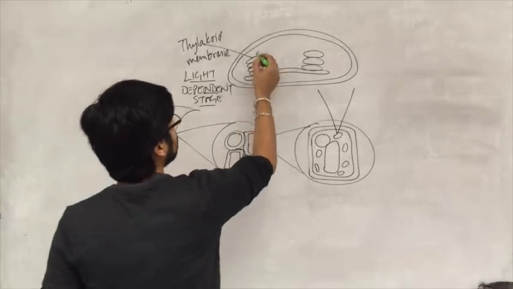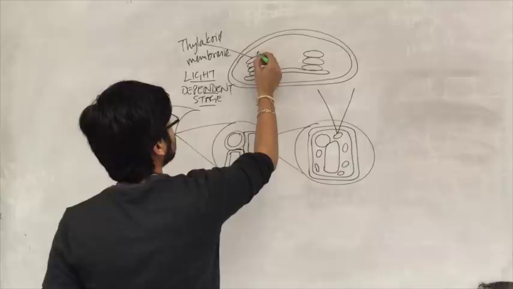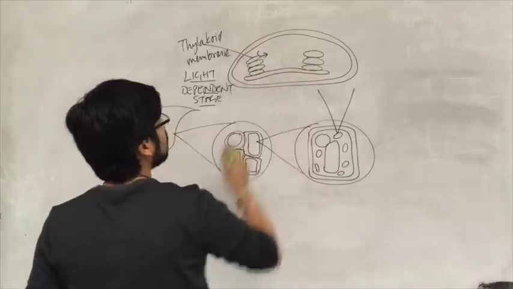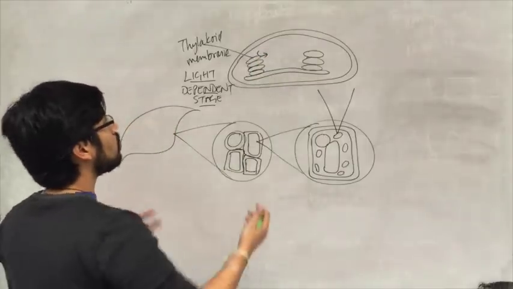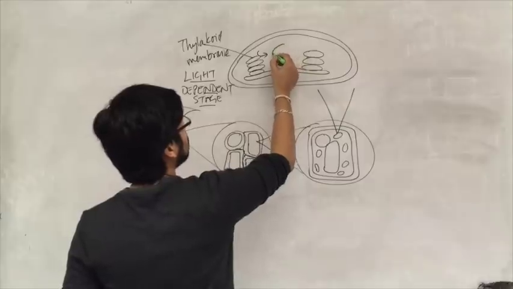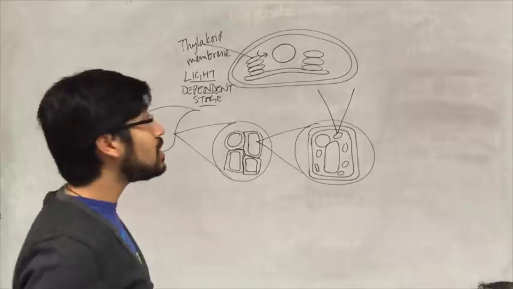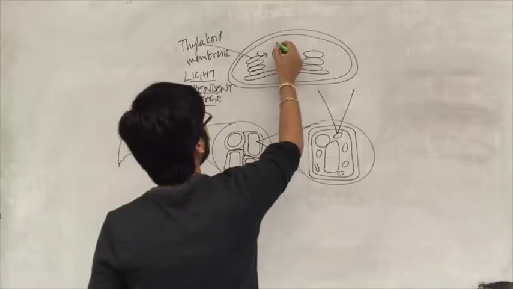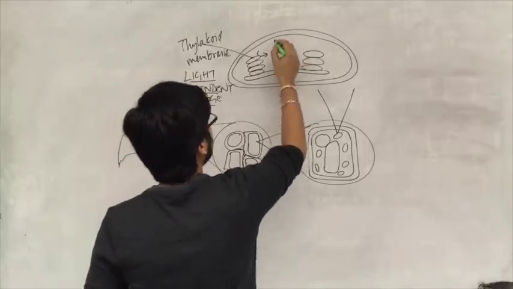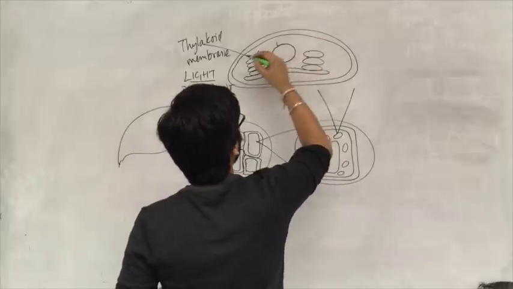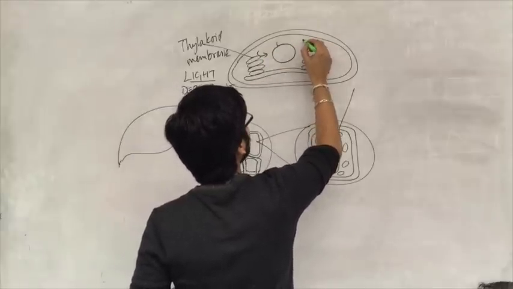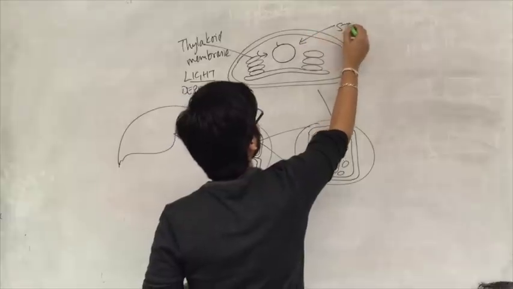membrane, and it makes some products which are then used for the Calvin cycle, or the Calvin-Benson cycle, which is the light-independent stage. Actually, we'll look into the detail of that later, but essentially this light-independent stage is happening in the stroma.